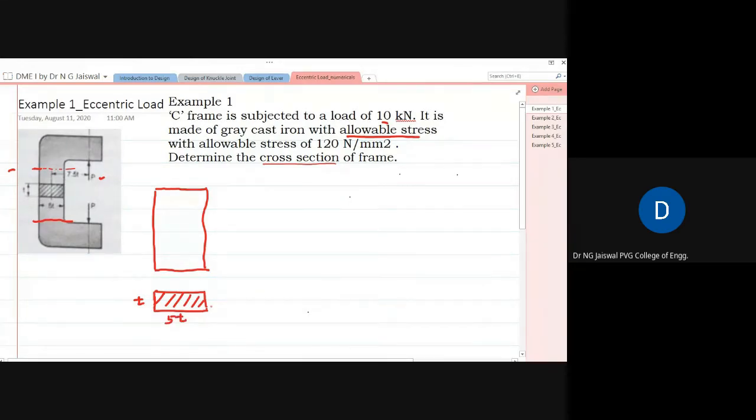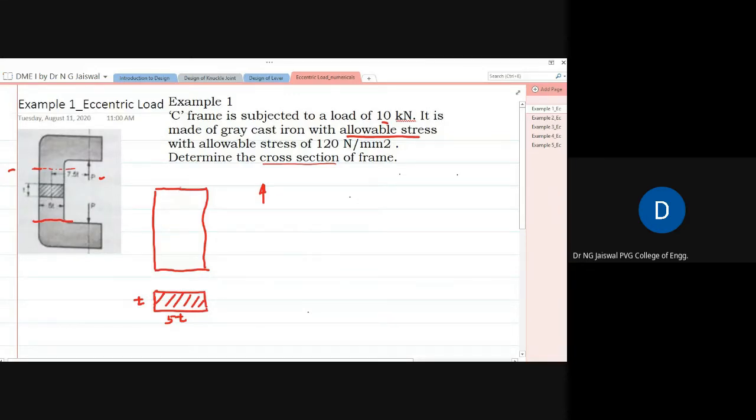Now, with respect to the location of this arm, the force is placed somewhere here. The distance between the centroidal plane and the plane passing through the force, two parallel planes, is 7.5T.